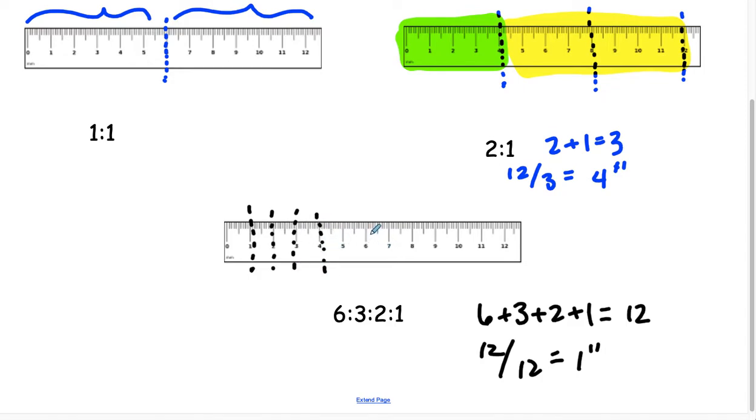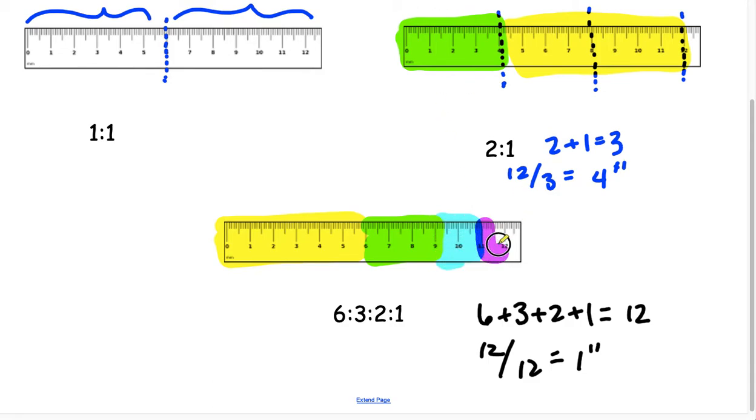Now what we want to show is 6 of those 1 inches, then 3 of those 1 inches, 2 of those 1 inches, and 1 of those 1 inches, which represents a ratio of 6:3:2:1. To show you better, 6 of these 1 inches, so from here to here is 6 units, and then from here to here is 3 units, and from here to here is 2 units, and now it's getting smaller and smaller.